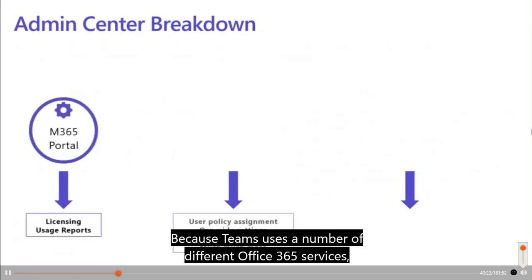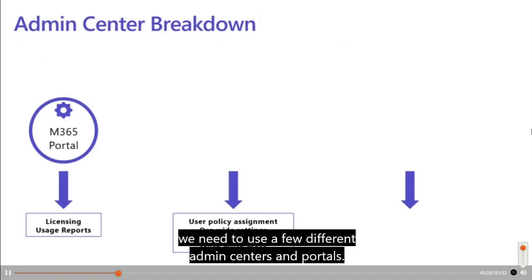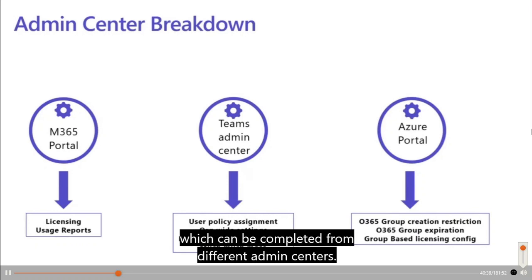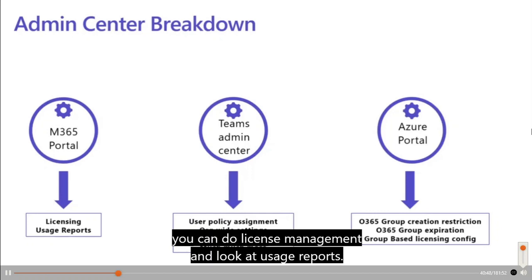Because Teams uses a number of different Office 365 services, as we said before, we need to use a few different admin centers and portals. On this slide, there are examples of various tasks which can be completed from different admin centers. For example, from the M365 portal, we can do license management and look at usage reports.